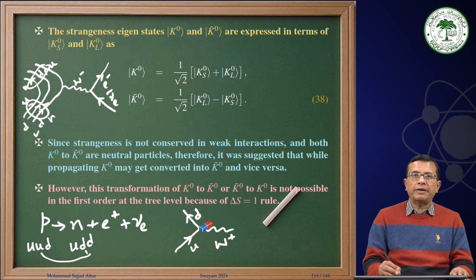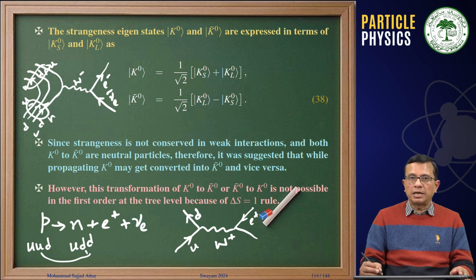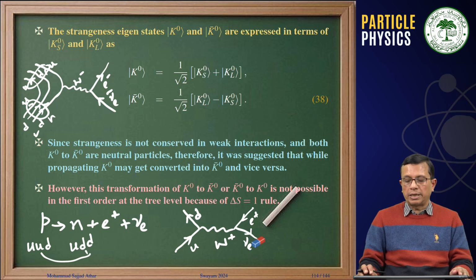The total charge arriving at this junction is +2/3 in units of electronic charge, and the charge leaving from this junction is +1 and -1/3, which makes +2/3. Then this W+ gives rise to e+. An antiparticle is represented by an arrow in the downward direction, and a particle is represented by an arrow in the upward direction.